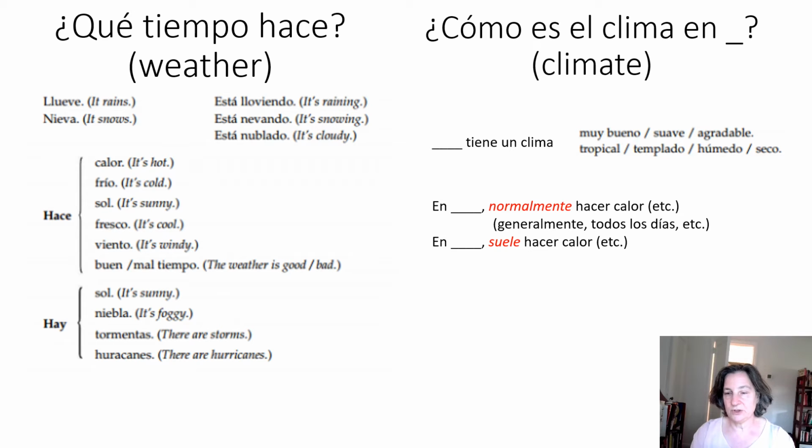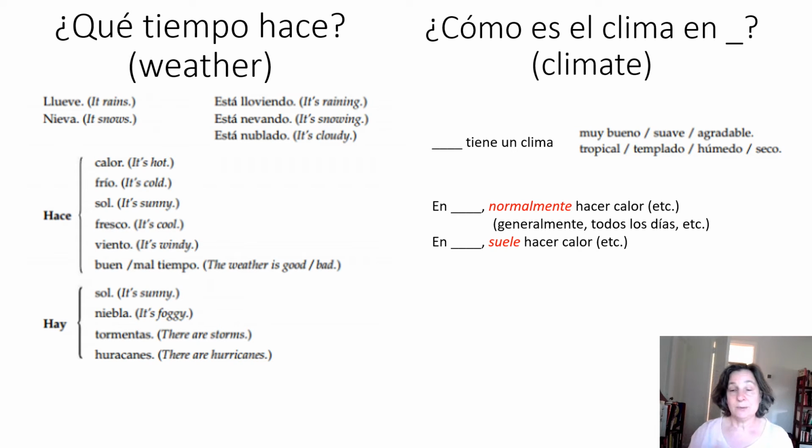We also have ways to talk about clima. So you can say that a place has a certain climate. For example, Nueva York tiene un clima muy bueno, which it doesn't really. Suave, un clima agradable, un clima tropical, etc. So let's repeat some of those.